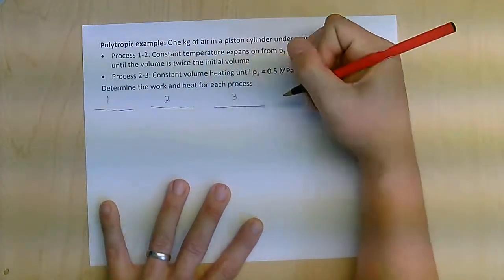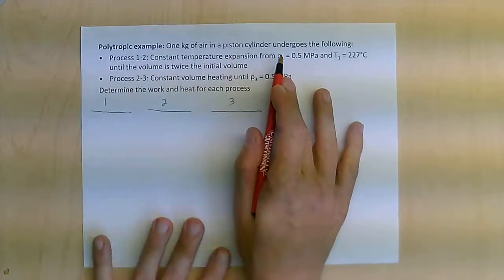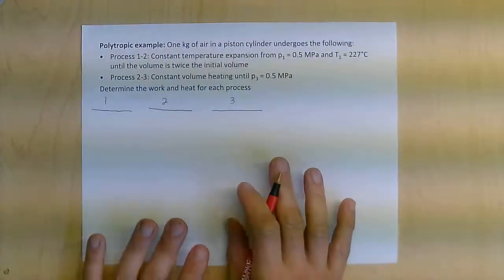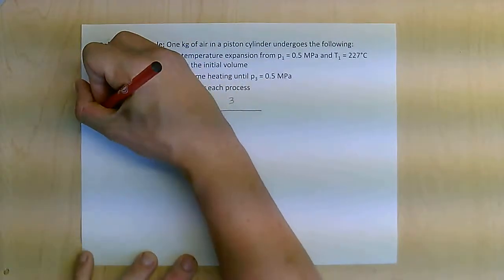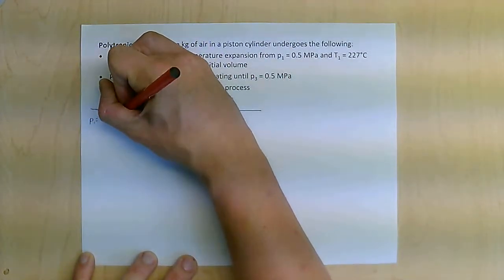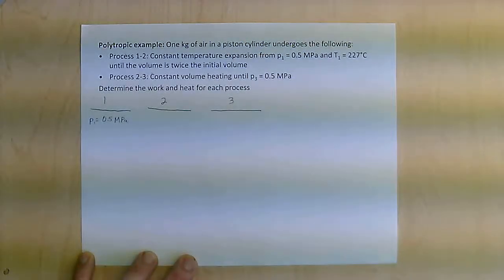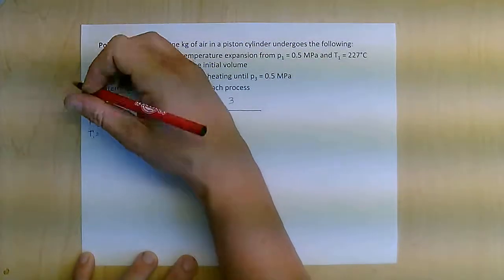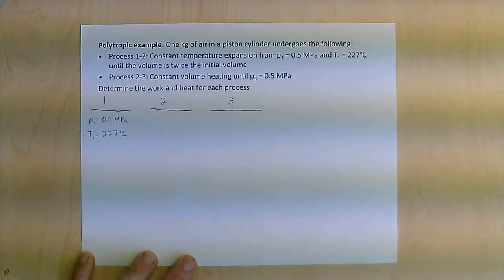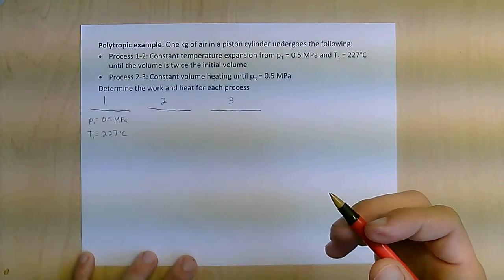What that means for a closed system like I have here is find the U values again, and I'm doing this for 4A. So let's talk about what I know here. P1 is 0.5 megapascals. T1 is 227 degrees Celsius.